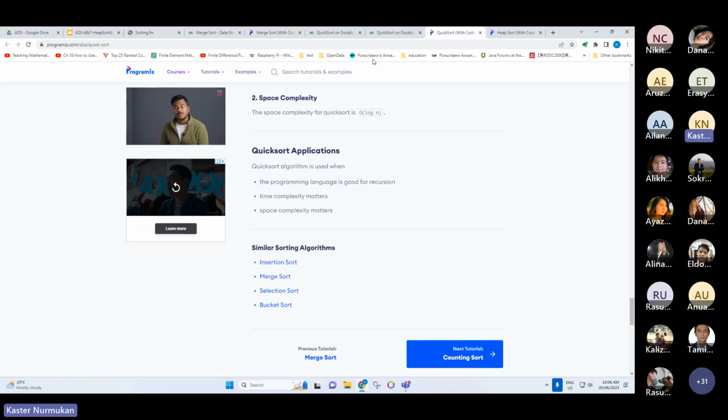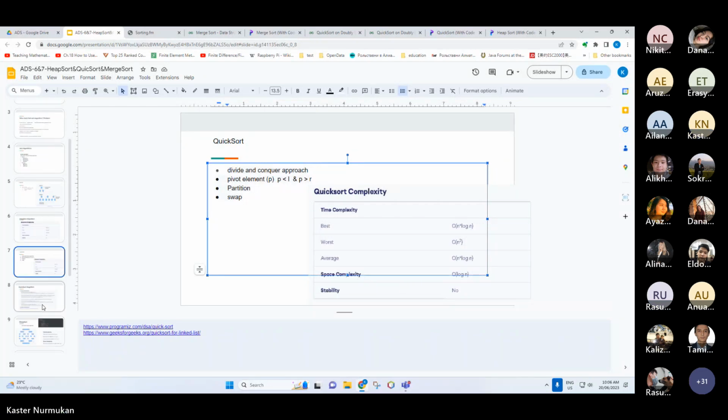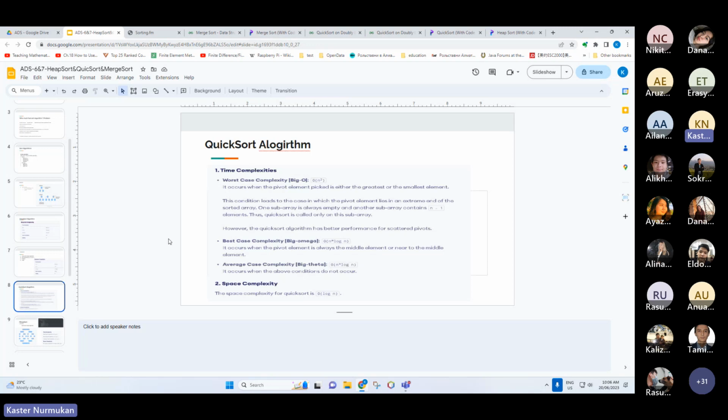All right, so that's Quicksort, how it is implemented and what the problem looks like. On space complexity, it is not as good as Heapsort. All right, Quicksort's worst case is that one.